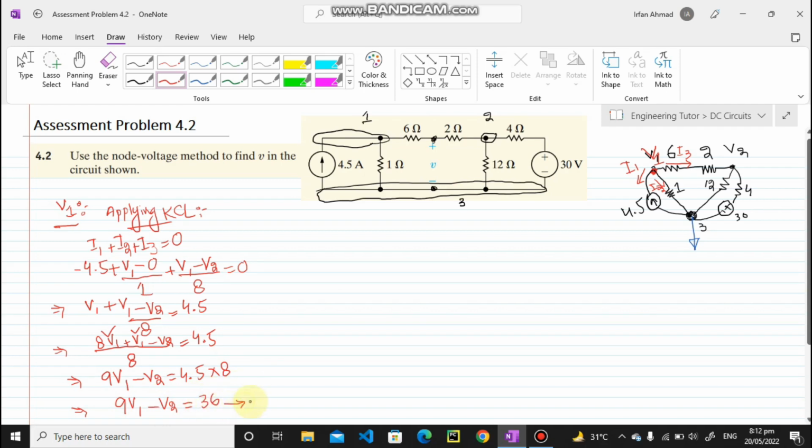Let me call it equation A. So now we have one equation for node 1, and this equation is in terms of V1 and V2.